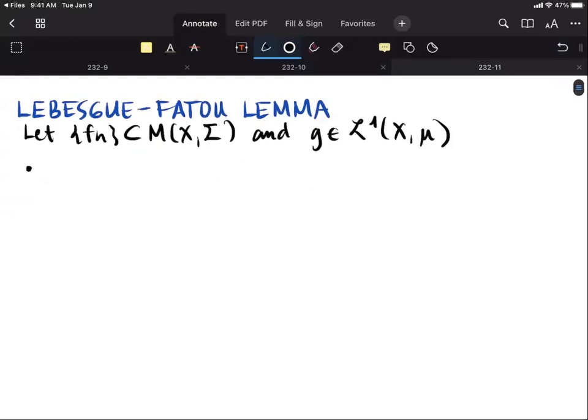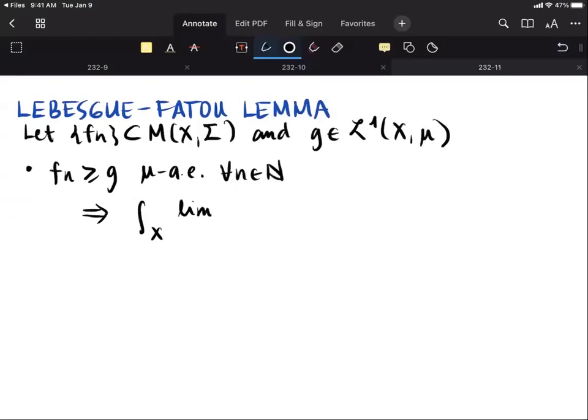So first, if f sub n is bounded from below by the integrable function g, mu almost everywhere for all n, then the same conclusion for Fatou's lemma holds.